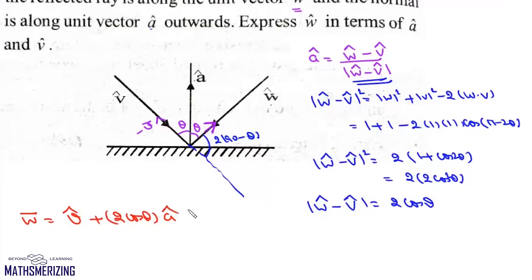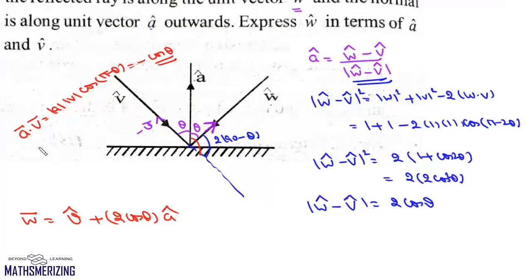Now we need to find the value of 2 cos theta. Now we look at the angle between a and v. This angle will be pi minus theta. So if we take its dot product, we can write a dot v as mod a mod v into cos of pi minus theta, and cos of pi minus theta is minus cos theta. So it will be minus cos theta.